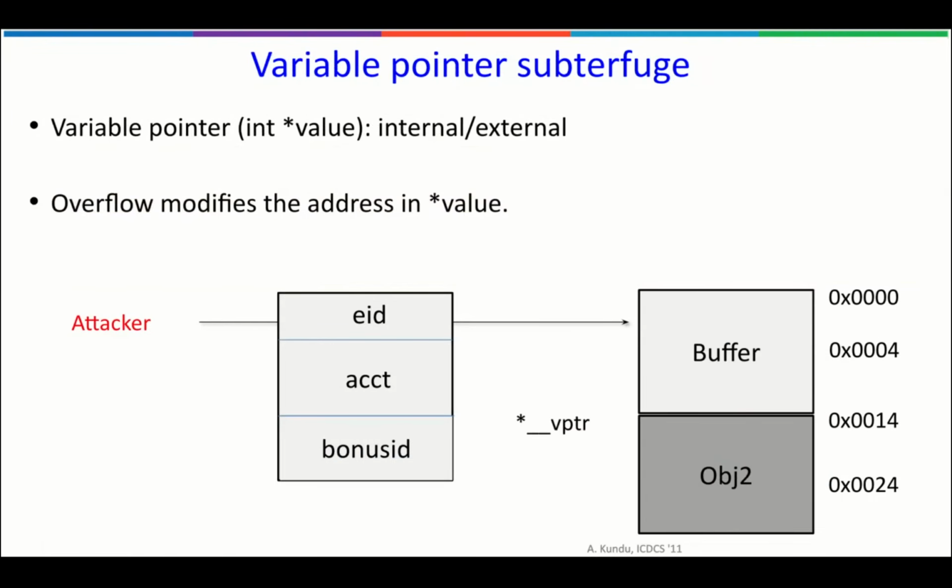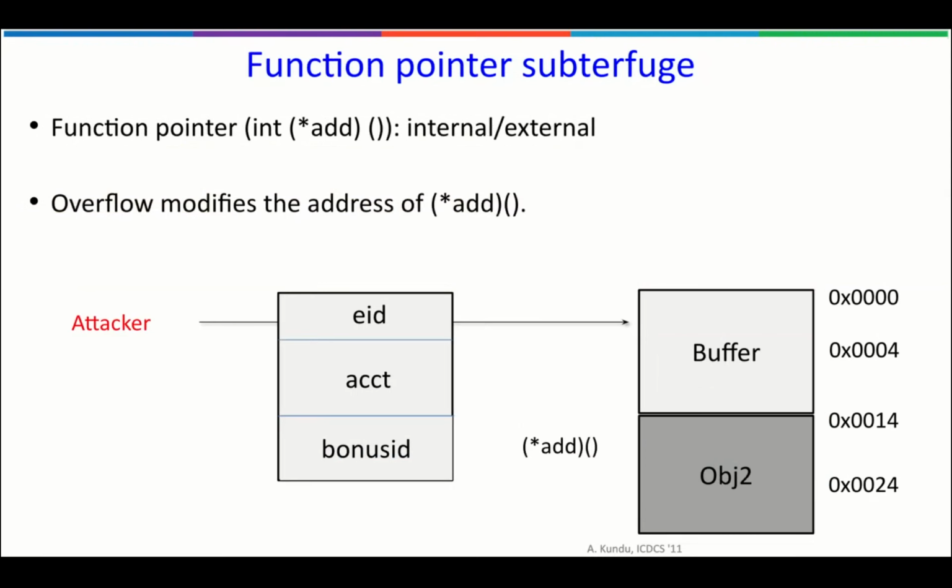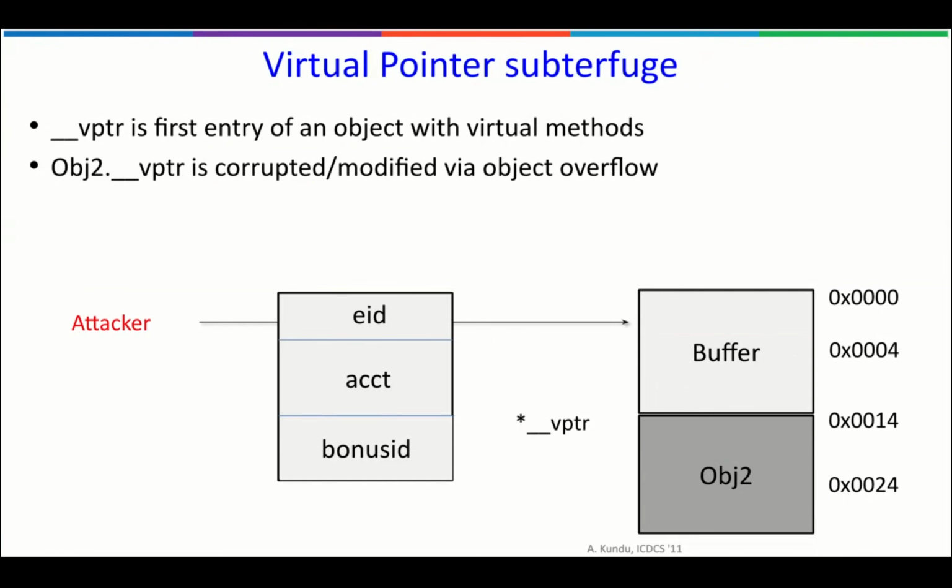And then you can carry out virtual pointer subterfuge because you can override the VPTR. Then you can modify function pointers. You can modify the address of the pointers here. You can modify the other pointer that is already there in the object.